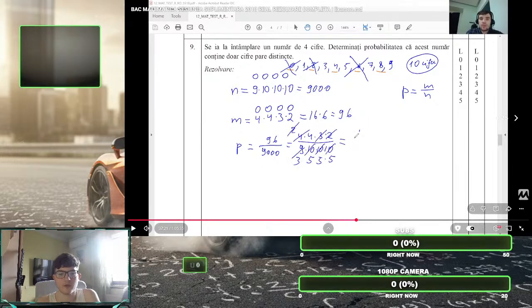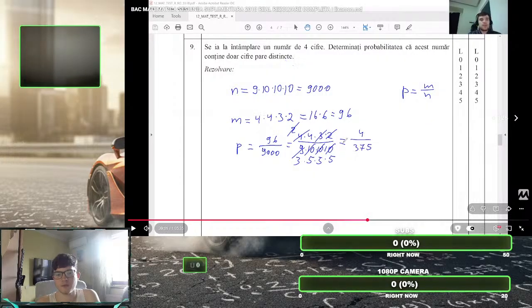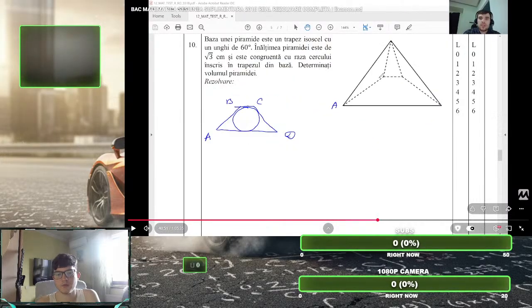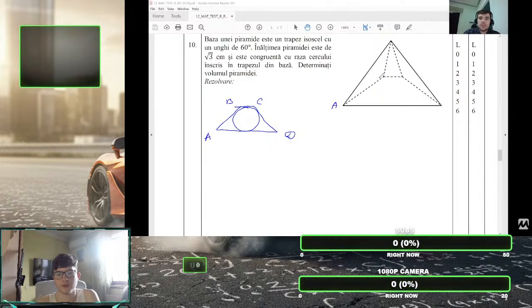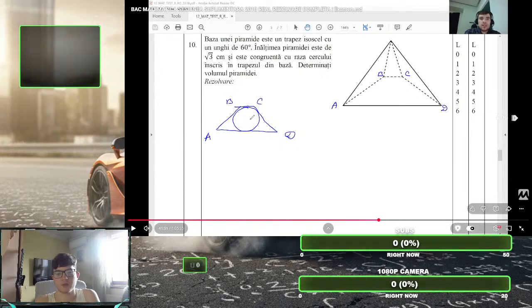When I'm done watching every single video I can find, I'm gonna solve from the problem book using my setup, with a phone and the S-Pen. Okay, so we got this problem. This one's pretty hard with a circle.